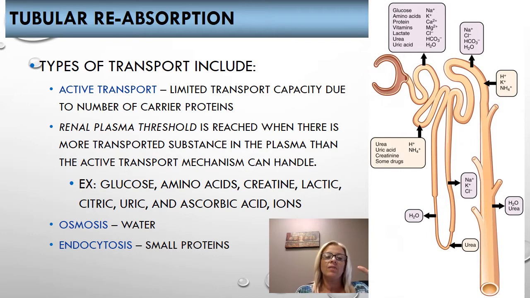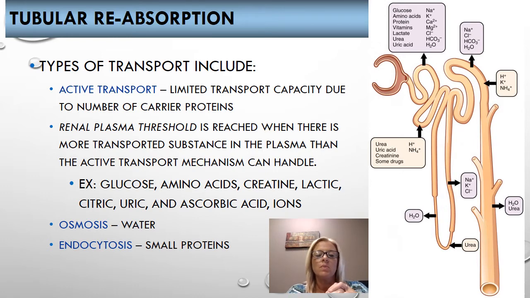Then we have an active transport mechanism. We have renal plasma threshold, and that is reached when there is more transported substance in the plasma than we can move. And that's going to be things like glucose, amino acids, ascorbic acid, uric acid, different ions here.